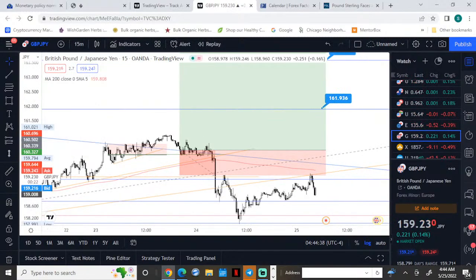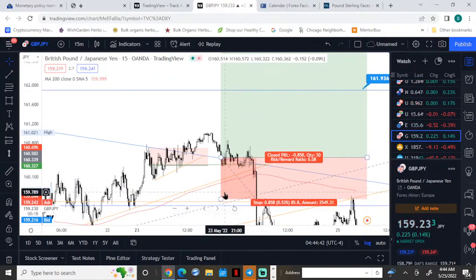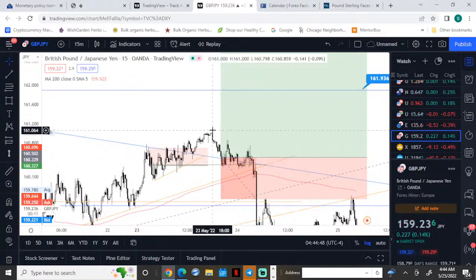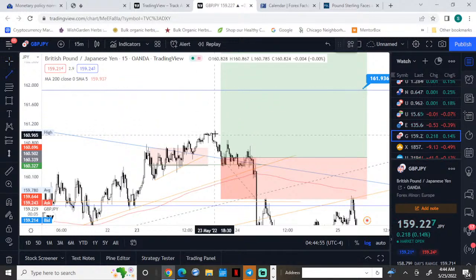I thought I had full confirmation. I did. Okay. I had a double bottom here off of this zone. I guess I didn't realize that this was definitely a descending triangle that I am just now recognizing.